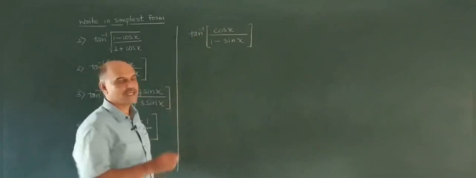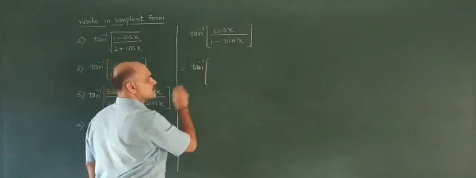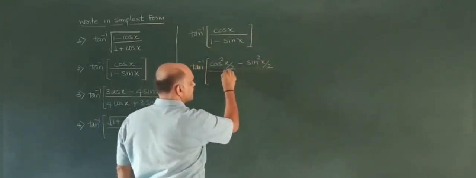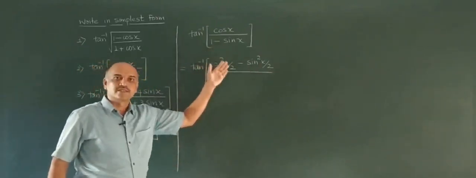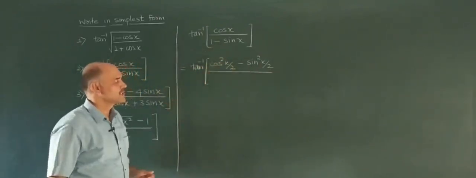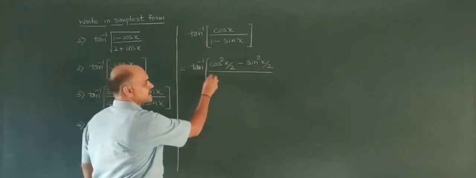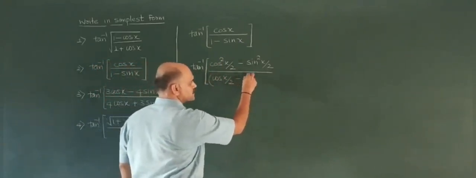So if you apply the half angle formula, tan inverse cos x can be written as cos square x by 2 minus sin square x by 2 divided by 1 minus sin x. This is also in first year, multiple and submultiple. So 1 minus sin x can be written as cos x by 2 minus sin x by 2 bracket square.